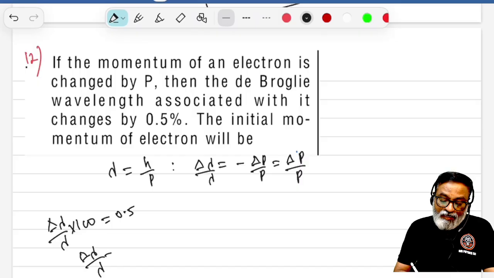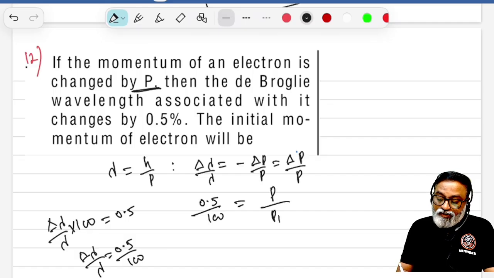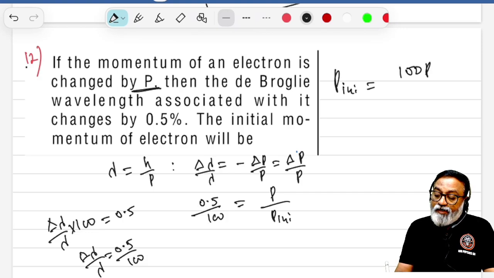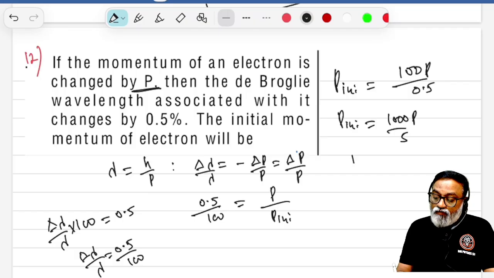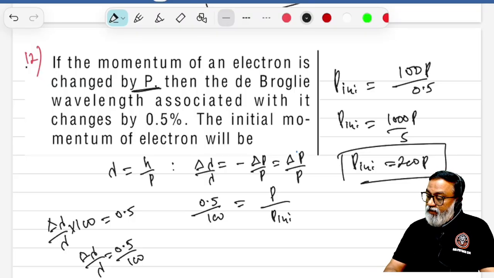Therefore, delta lambda by lambda is equal to 0.5 by 100. Delta p, the change in momentum, is given as p. Here, this p I am taking as p initial. Therefore, p initial is equal to 100p by 0.5, which is 1000p by 5. Therefore, p initial is equal to 200p. This is the initial momentum, 200p.